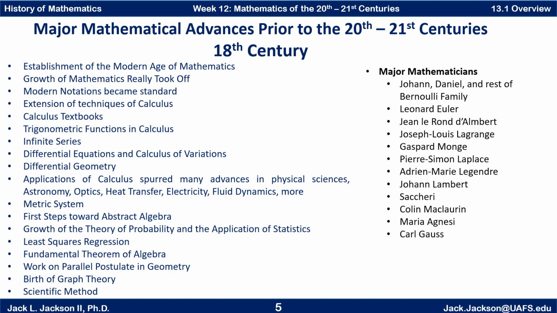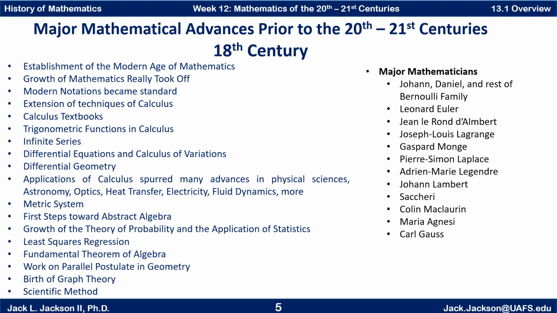Applications of calculus spurred many advances in physical sciences such as astronomy, optics, heat transfer, electricity, fluid dynamics, and others. The metric system was developed by the end of the century. The first steps were made towards abstract algebra, but we really didn't quite have full abstract algebra yet.